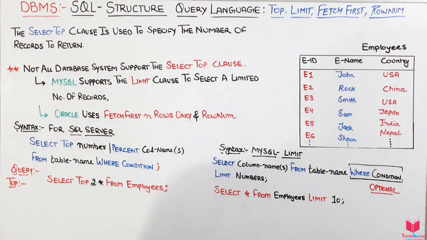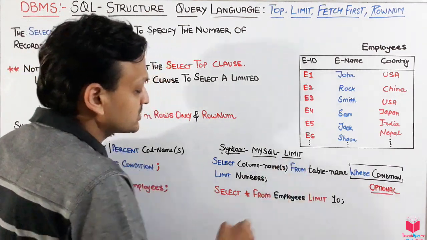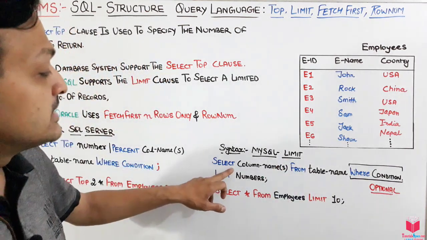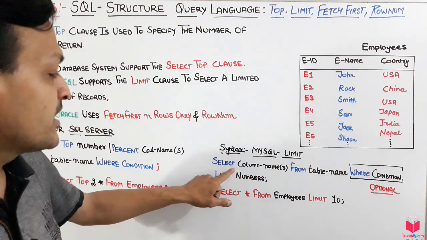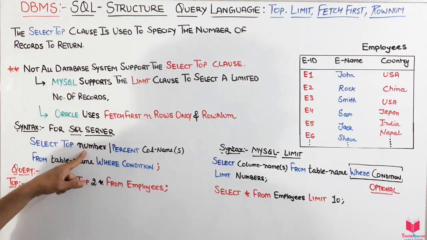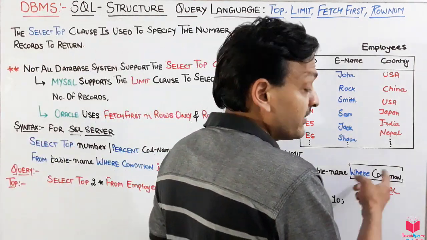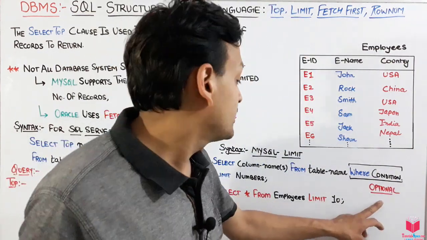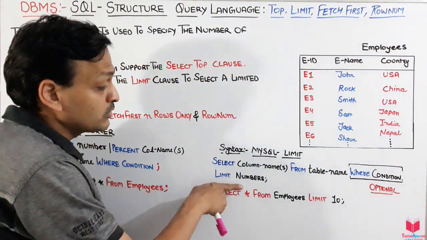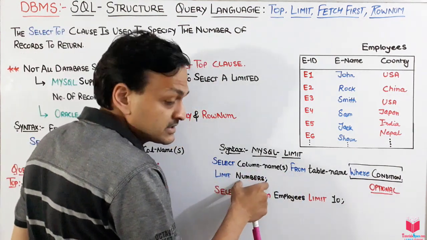Then there is the syntax for MySQL for using the LIMIT clause. How can we use that? SELECT column names, first we have to mention the column names, FROM table WHERE condition, which is optional. Then LIMIT number, which limits the output to that number of rows.